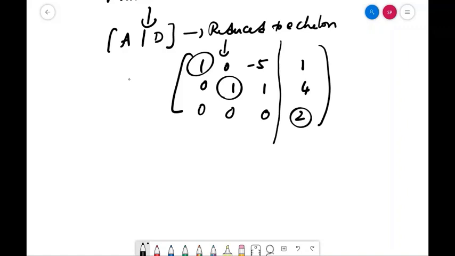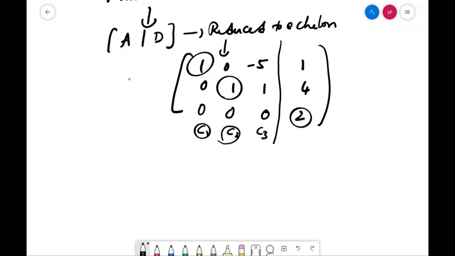I have only three variables, that is C1, C2, C3. The last column I will not take as a pivot column when considering basic or free variables. But how do I decide now whether it has a solution or not? Before writing basic or free variables, here I have two pivot columns, meaning two basic variables.